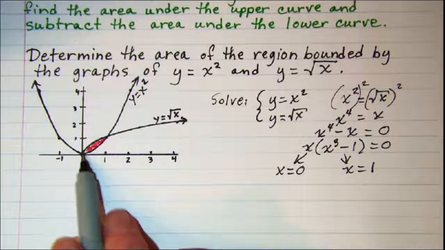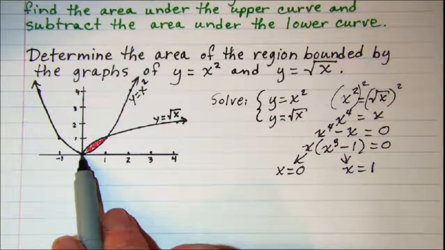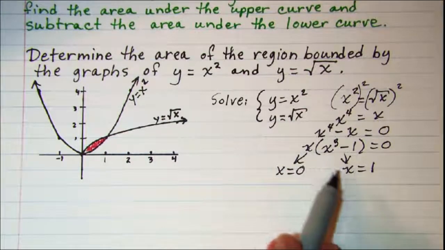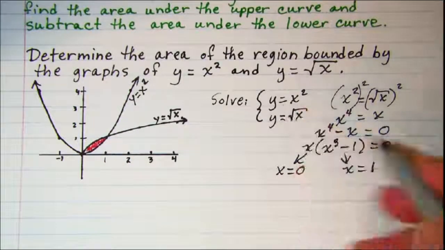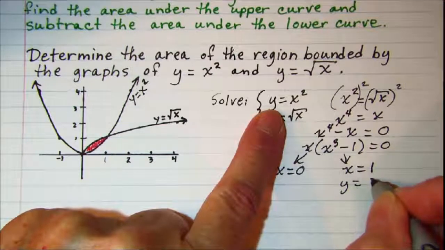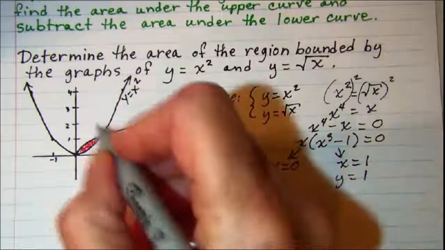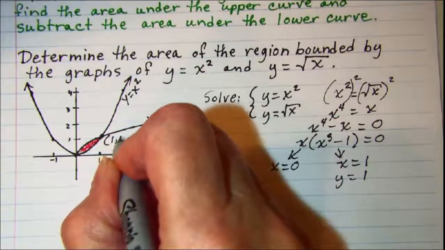So we can see from our graph x equals 0 is this point where the two functions intersect, and x equals 1 is right here. If we put that back in, we get y is equal to 1 squared, which is 1. So the point where the two functions intersect is the point 1, 1.